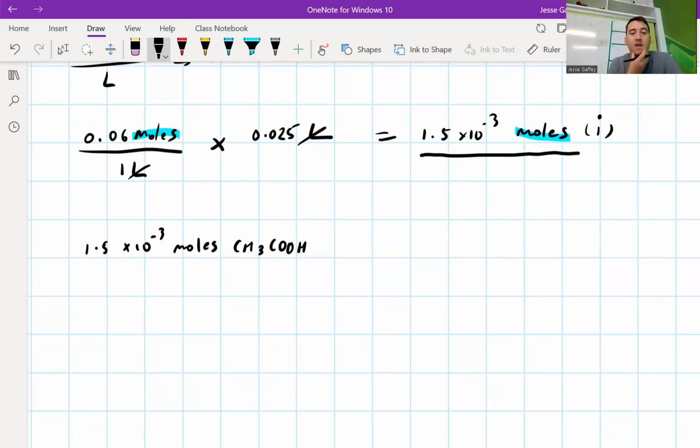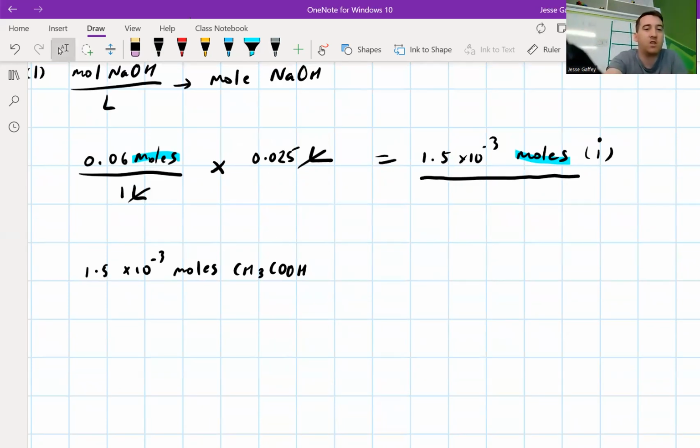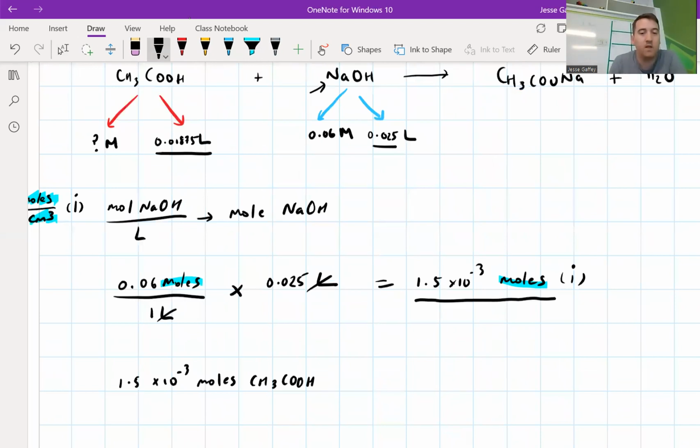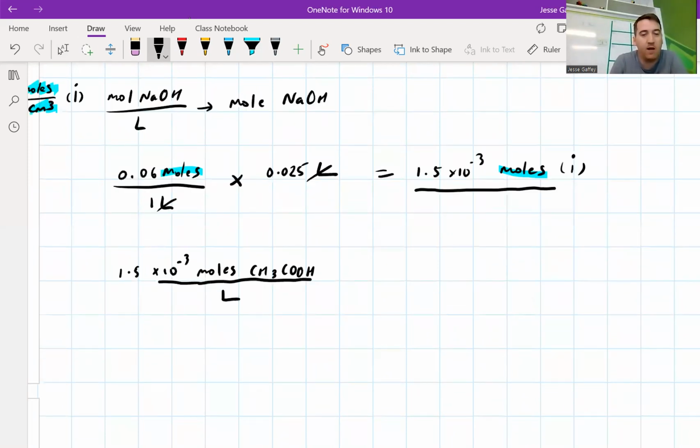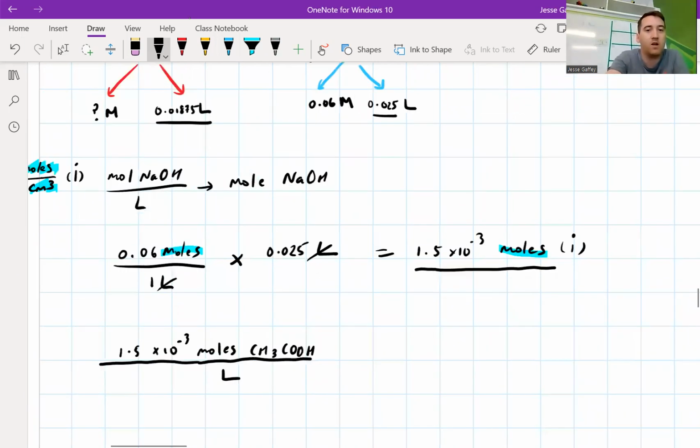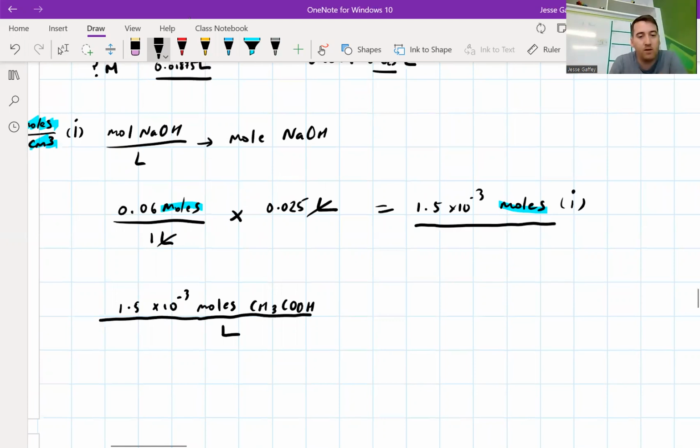Then that many moles in each titration was in this amount of liters, that was our volume. Because I want my answer to be in moles per liter, I'm going to put liters on the bottom, 0.01875 liters. So I'm going to stick that in and find out how many moles per liter that is. Pause the video and do that now.